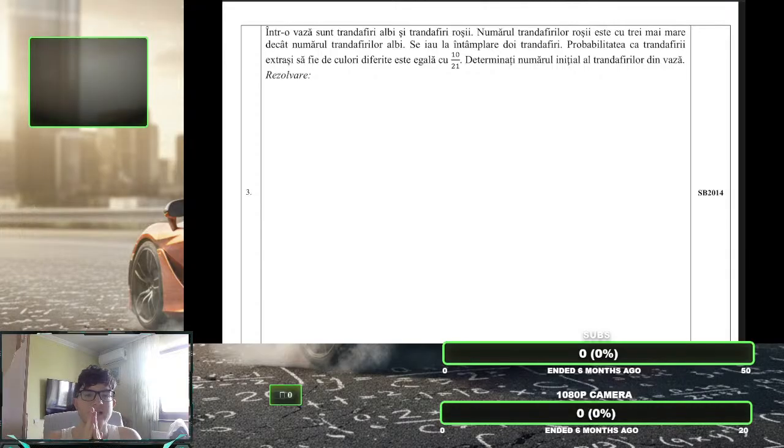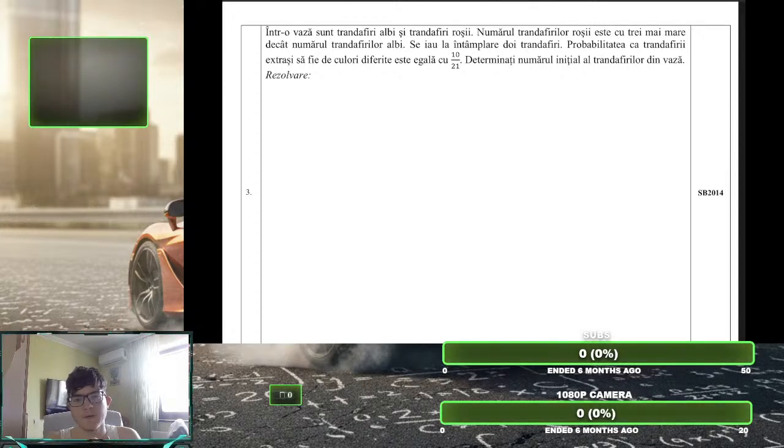"2014 test with flowers." Kind of just a bit remember this, but perhaps not, so let's just do it. There's a vase with white flowers and red. The number of red flowers is 3 times larger than the number of white ones.